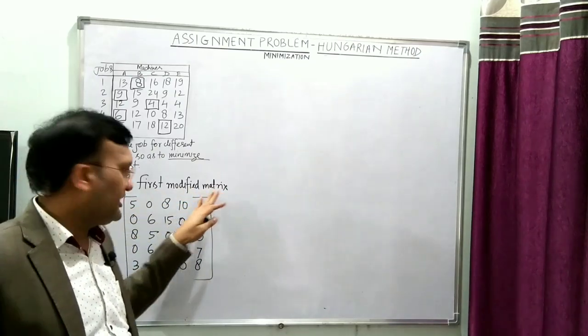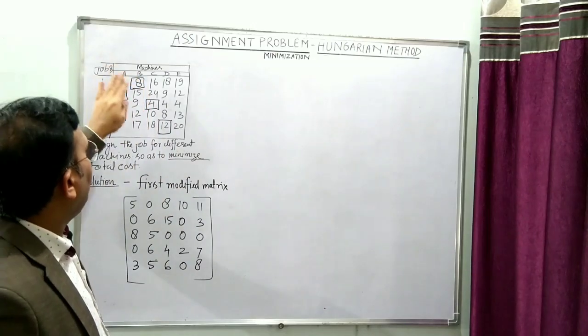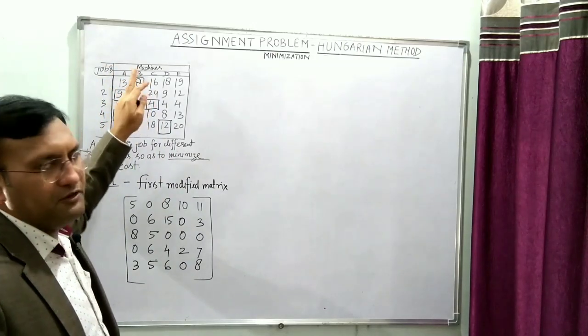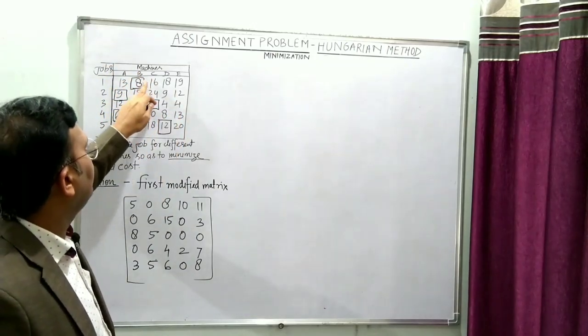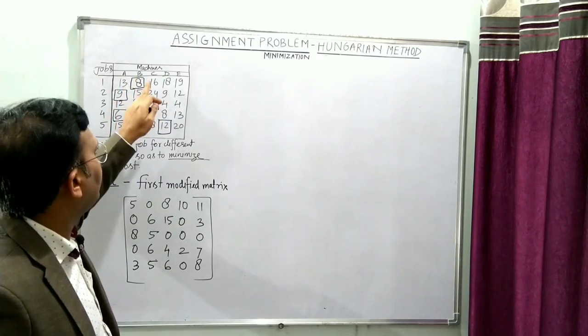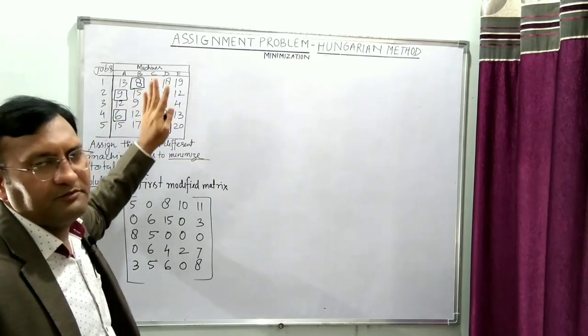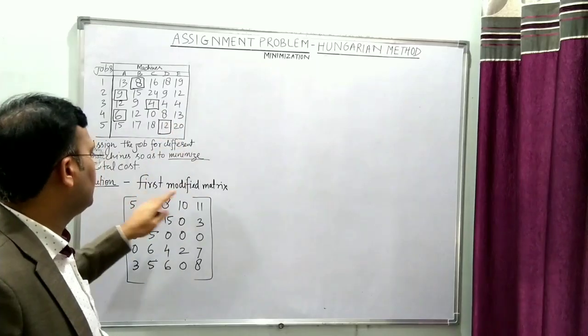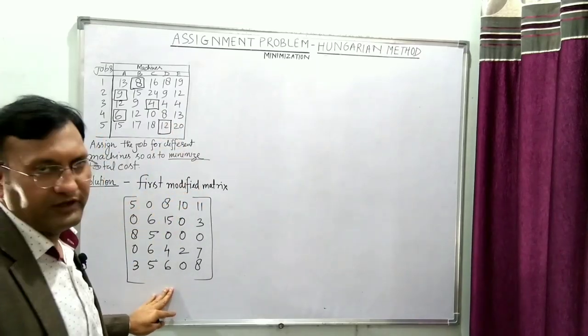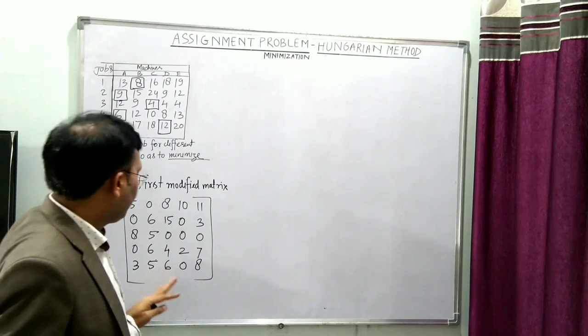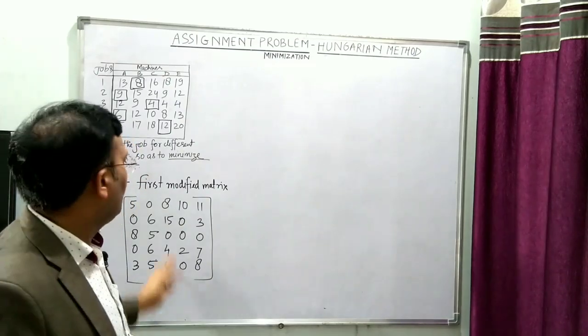Again, I am repeating what we have done. We have found out the minimum element in all the rows, and then we have deducted that element from all the respective elements of that particular row, and we have found out the first modified matrix. Now the similar procedure we have to do for the columns as well.